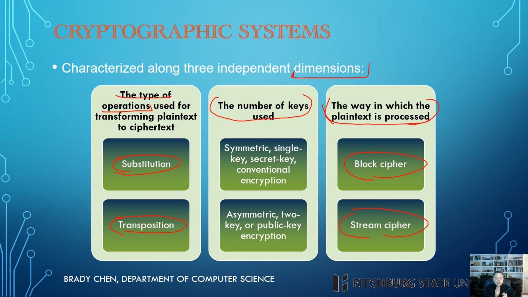So we divide the original message into blocks of the same size, typically, and then each input block produces an output block. So that's block cipher. A stream cipher processes the input elements continuously, producing output one element at a time as it goes along.